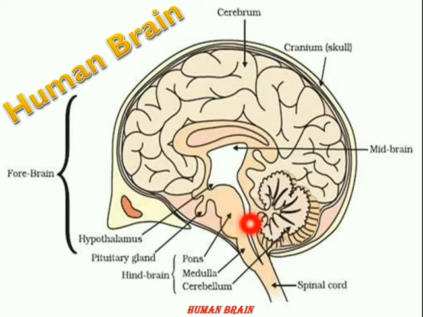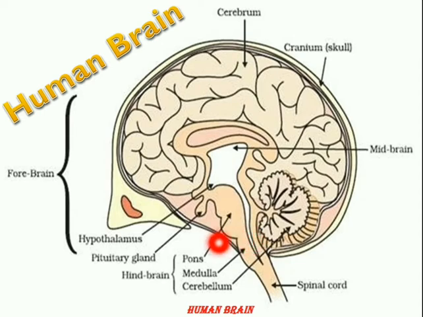Below this is pons, and in front of pons there is again this flower-like structure you are watching. This is the second largest part of the brain called cerebellum, and in front of it there is pons, and below pons there is medulla.